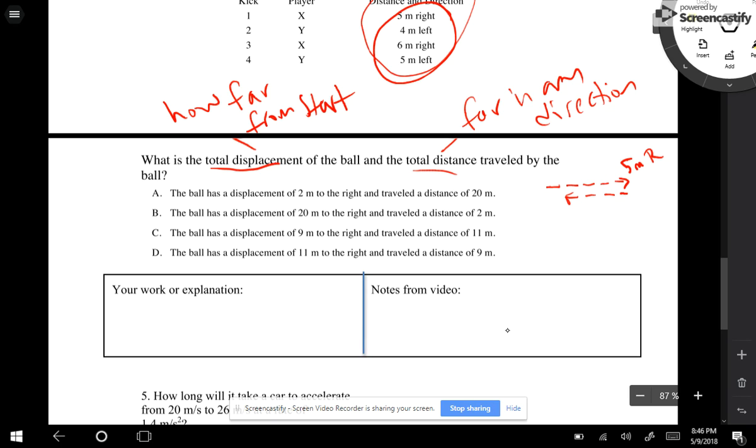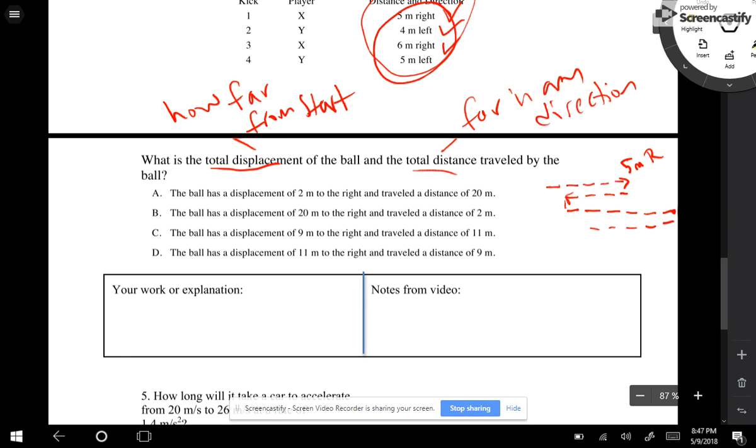So we did 5 right, 4 left, now 6 meters right. So right from where I started, right here, I'm going to go 1, 2, 3, 4, 5, 6 meters right. And then back 5 meters left. So again, from where I ended up here, I'm going 5 left. 1, 2, 3, 4, 5.